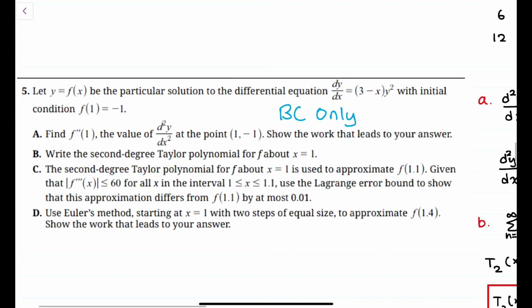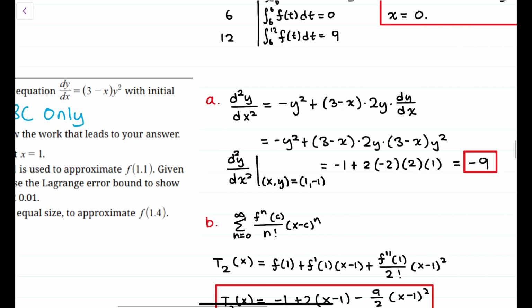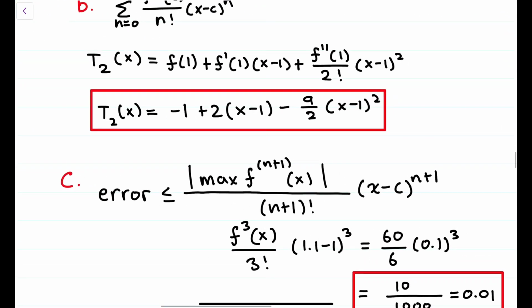For part C, this is a Lagrange error bound question. We're given that f triple prime of x is less than or equal to 60, and we want to approximate f of 1.1. And then we have to show, using the error bound, that the approximation differs by at most 0.01. So this is the formula, and we did the second degree Taylor polynomial, and we're doing n plus 1, so we have to do third degree.